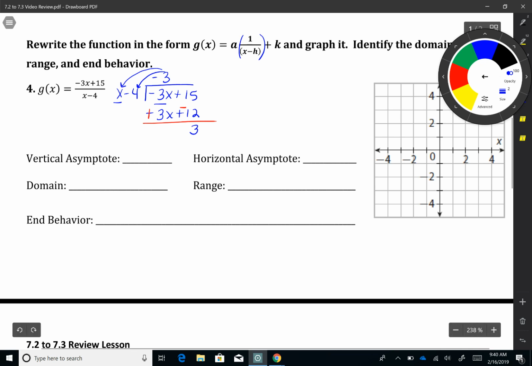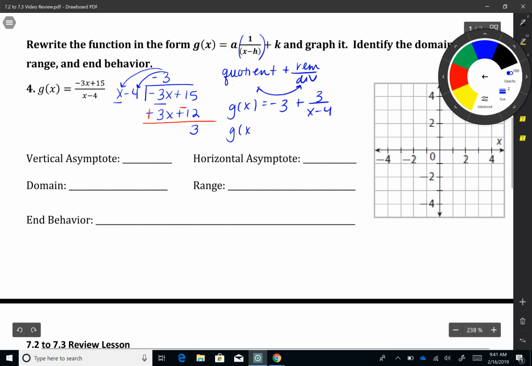+3. Remember when we do division, we write our solution as quotient plus your remainder over your divisor. And oftentimes we switch the order so it looks like our transformation form. So if I did it in this order, my quotient would be -3, and I'd have plus my remainder 3 over my divisor x minus 4.